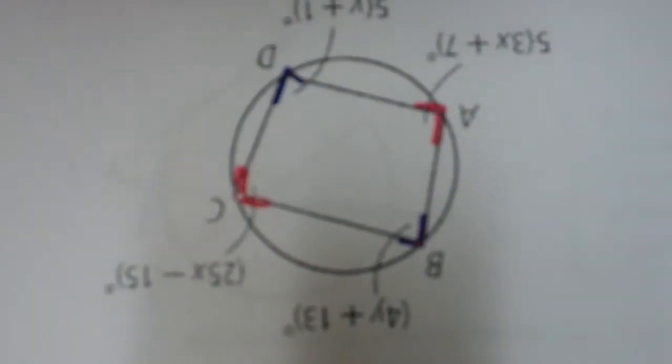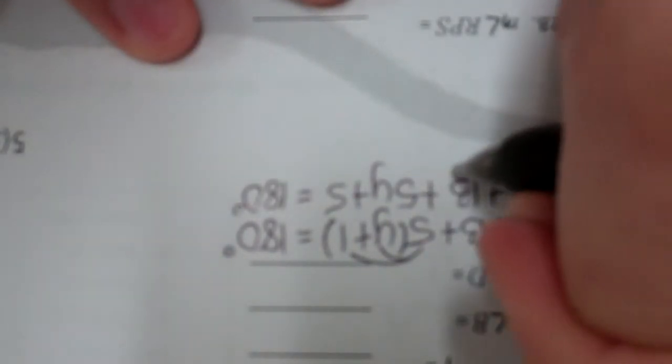So 4y plus 13 plus this angle, 5y plus 1 equals 180 degrees. Okay, so I'm going to rewrite this, 4y plus 13. And I'm going to distribute here, so that's going to be 5y plus 5 equals 180 degrees. Okay, combine like terms.